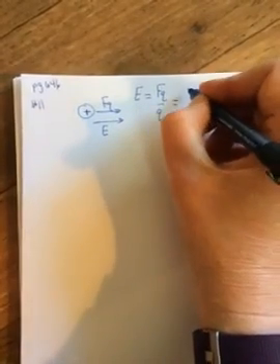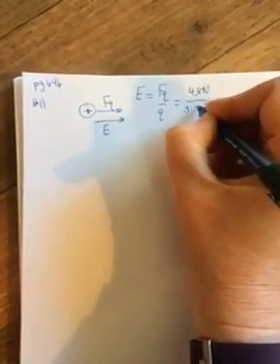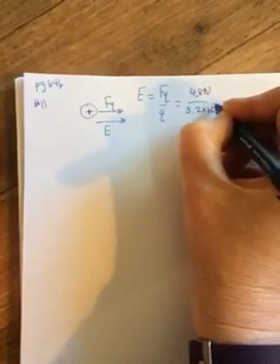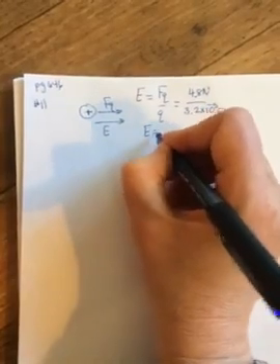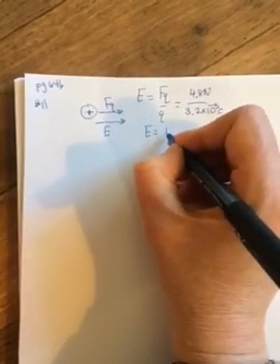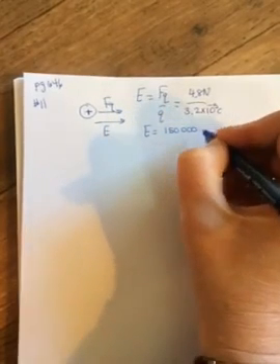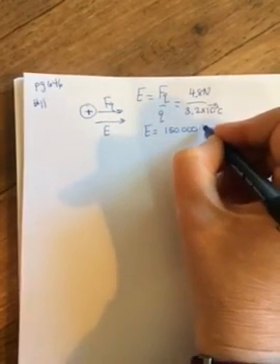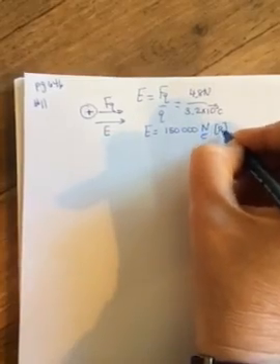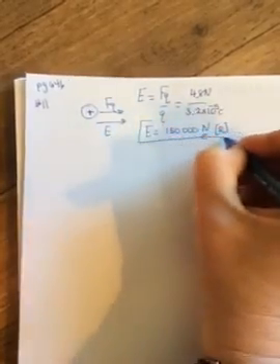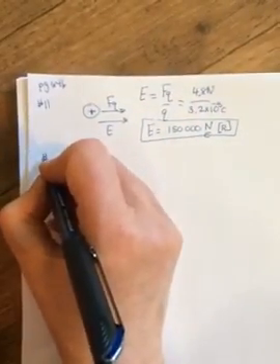It says a force of 4.8 newtons, and a charge of 3.2 times 10 to the negative 5 coulombs. When you do this, you should get an E of 150,000, or 1.5 times 10 to the 5 newtons per coulomb, and it has to be to the right because for a positive charge placed in a field, the force and the field go the same way.